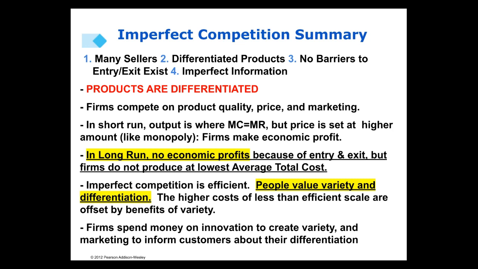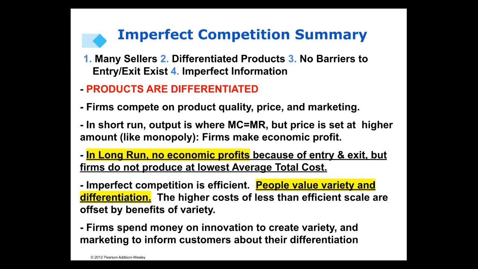Monopoly is quite rare. Perfect competition might be rare also. So most situations that we see involve some form of imperfect competition. You can also think of imperfect competition as being on a continuum between perfect competition and monopoly.